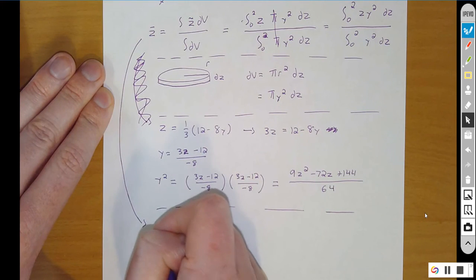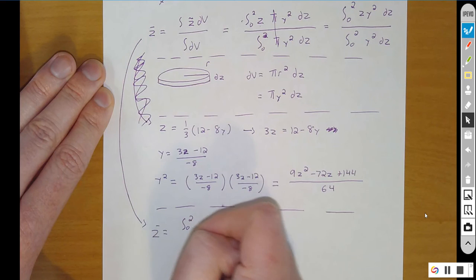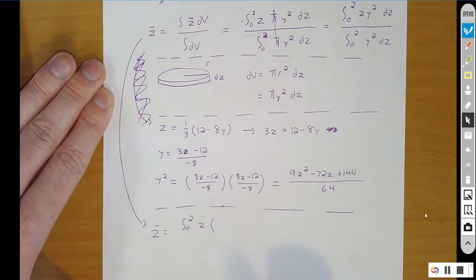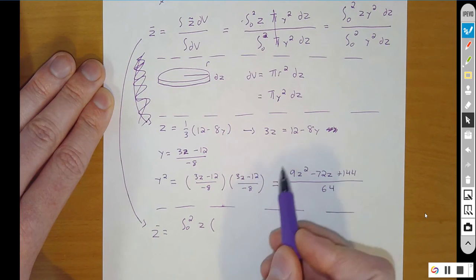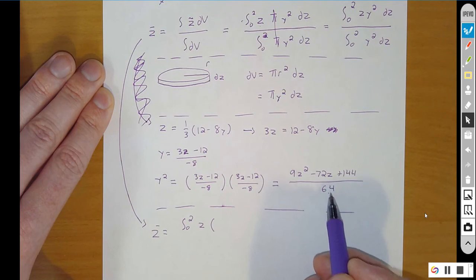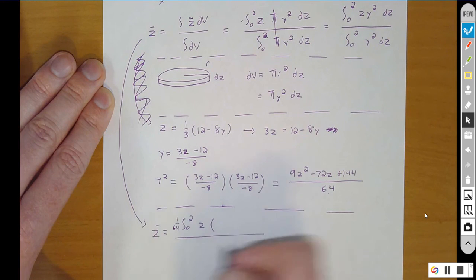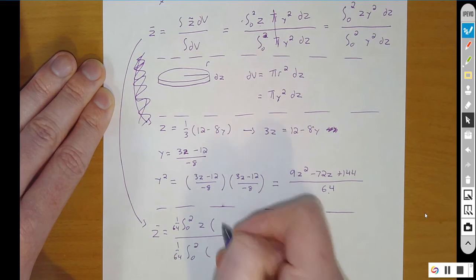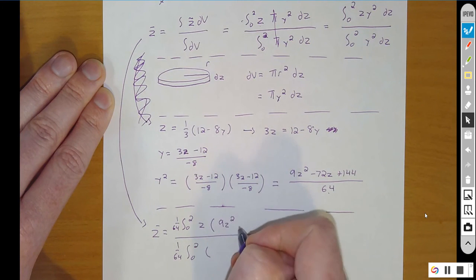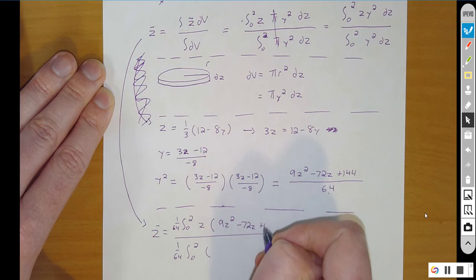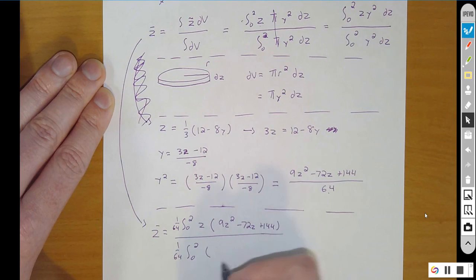We have z bar equal to the integral from 0 to 2 of z times y squared. I'm only going to bring over the top piece, and I'll put the 1 over 64 out here so you see where it came from. There's a 1 over 64 on both pieces, so they cancel out. These are just constants, so I don't need them. You get 9z squared minus 72z plus 144. If you feel comfortable doing it without expanding, go for it.